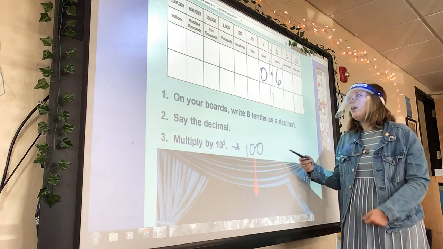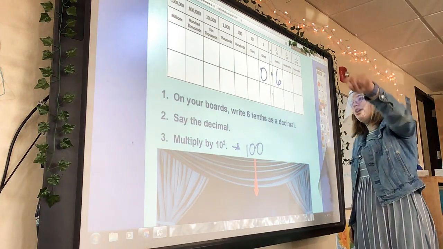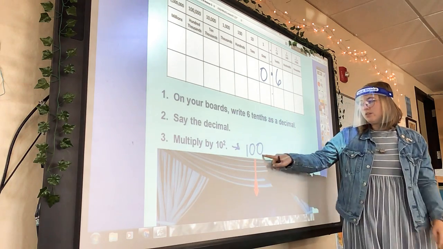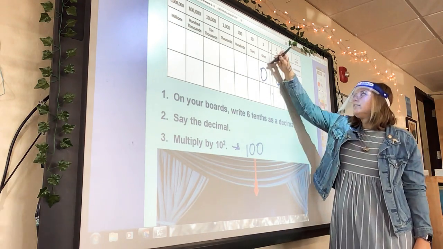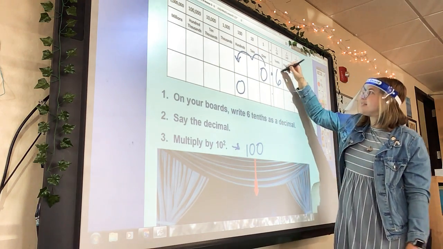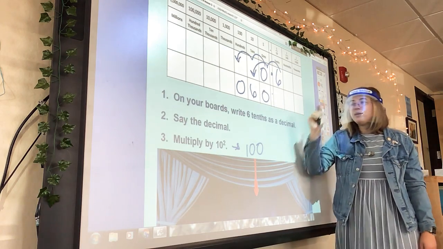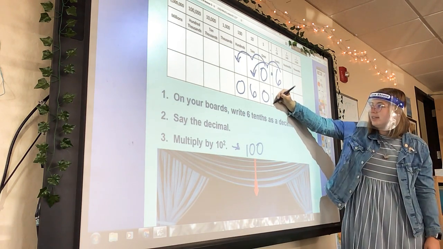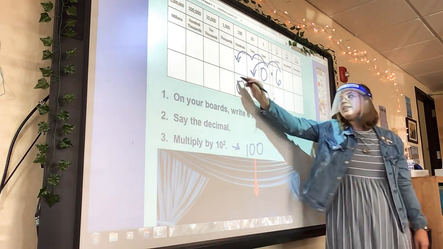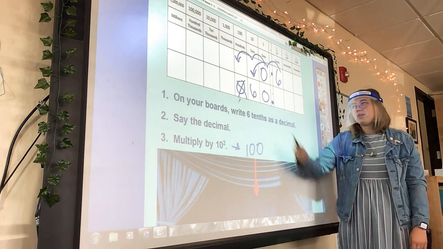So if I multiply by 100, the numbers move that way on a place value chart 2 spots, because there's 2 zeros in 100. So the 0 goes 1, 2. And the 6 goes 1, 2. And it becomes 60 because the decimal's right here. We don't need to write that 0, but just for the sake of moving it over.